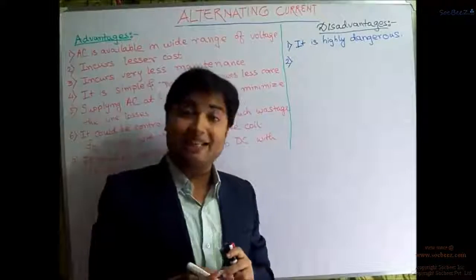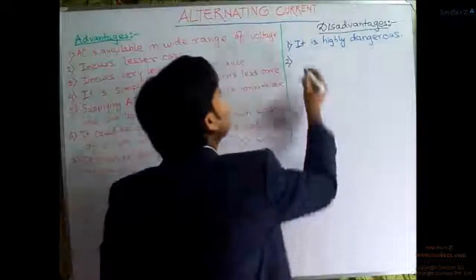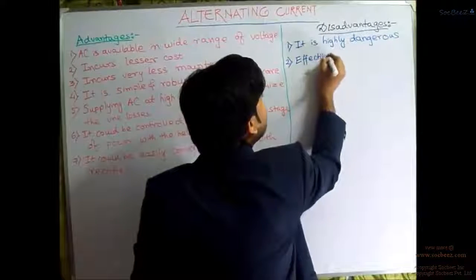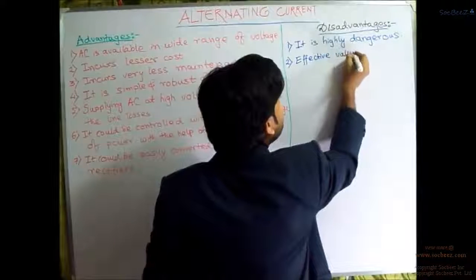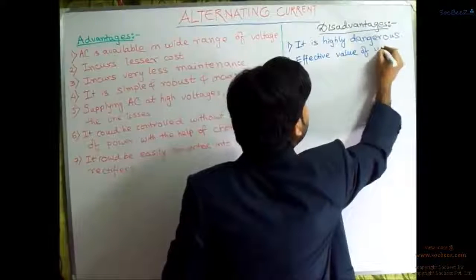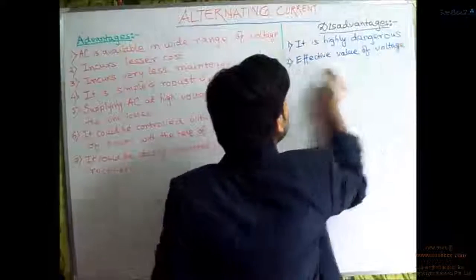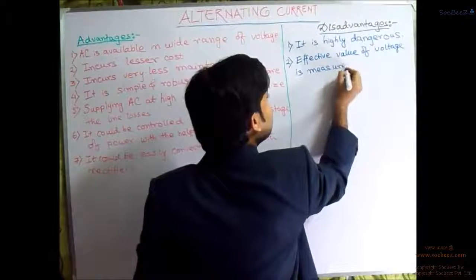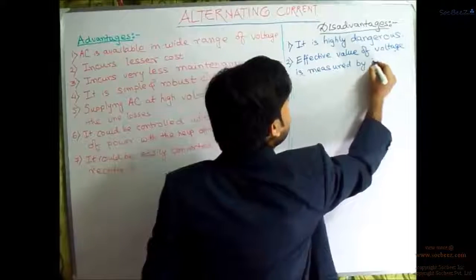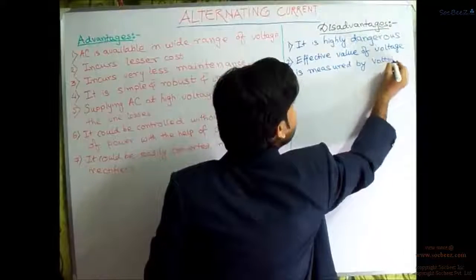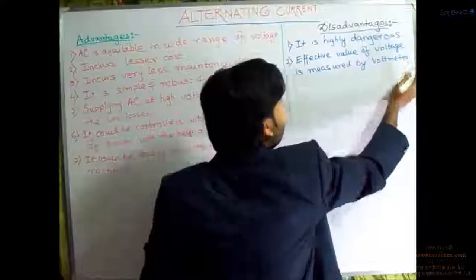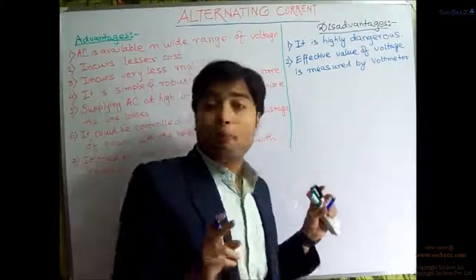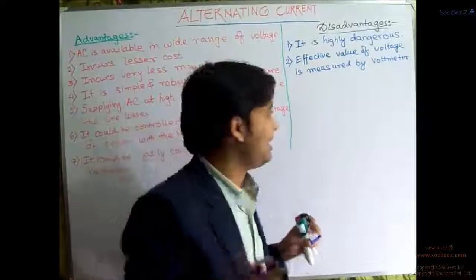And thus, it is dangerous also. So the effective value of voltage is measured by a voltmeter, the instrument used to measure the potential difference across two points.